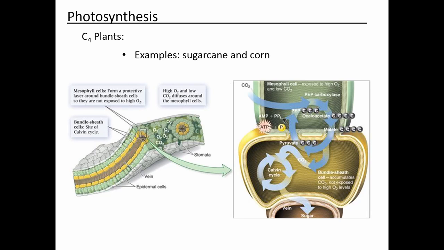The product of initial carbon fixation in these plants is a 4-carbon molecule. That's why they're called C4. This first step of initial carbon fixation is performed by PEP carboxylase, the enzyme that attaches carbon dioxide to phosphoenol pyruvate.